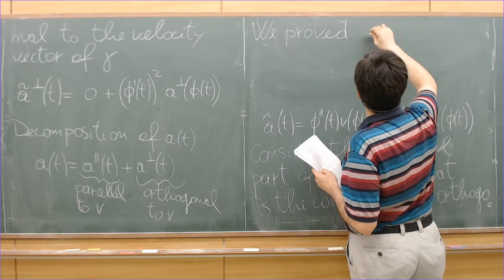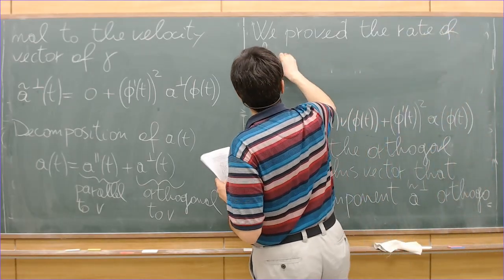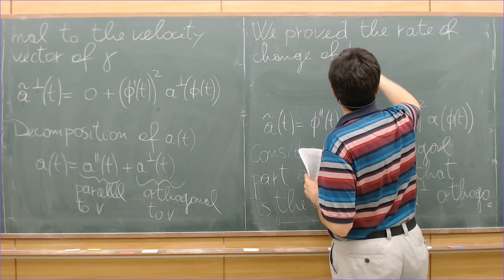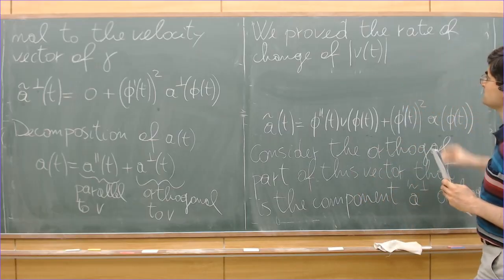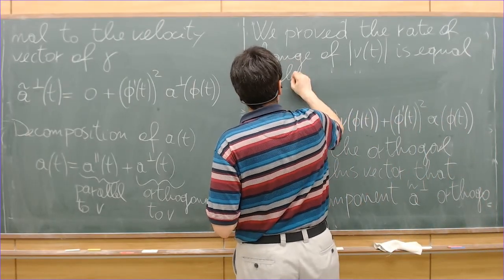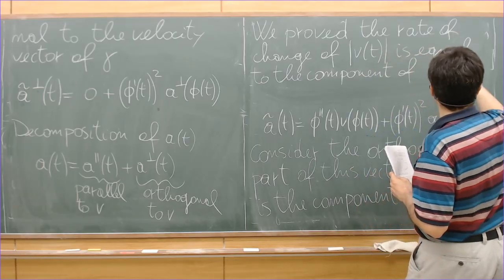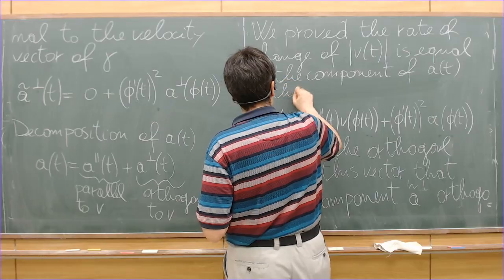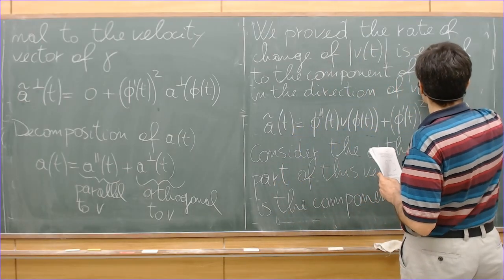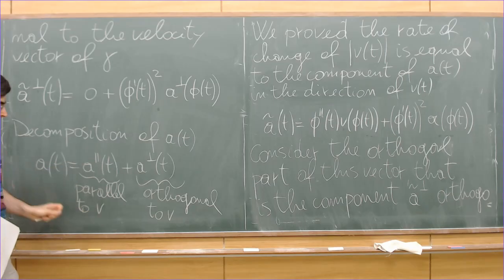We proved that the rate of change of the speed, which is the length of this vector, is equal to the component of A of T in the direction of V of T. So this means that we gave a meaning to this vector here.